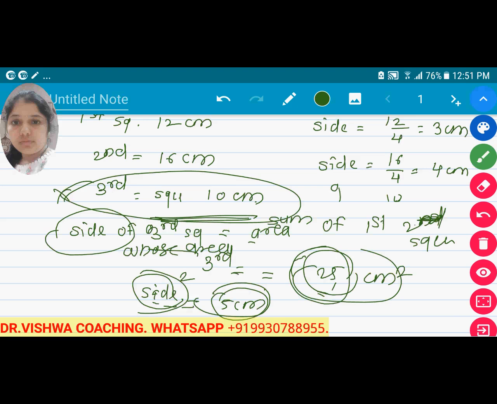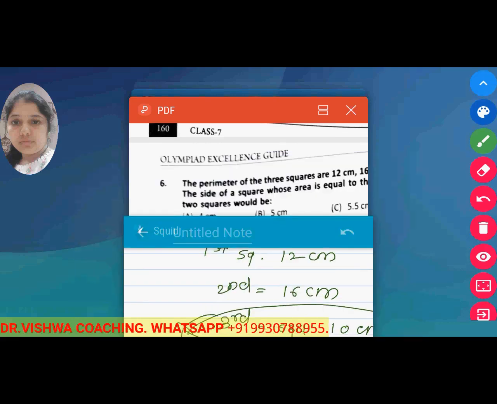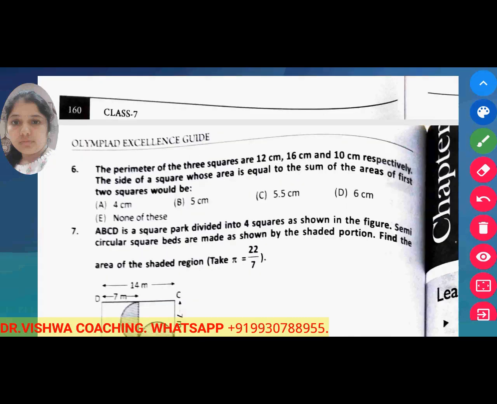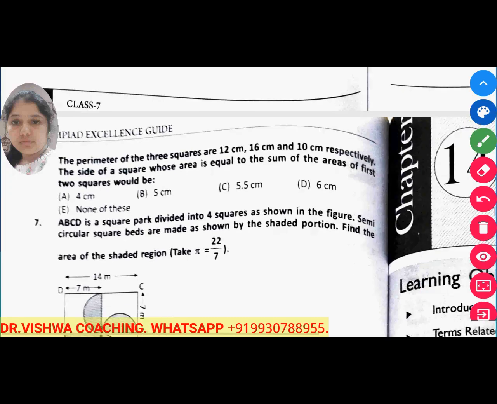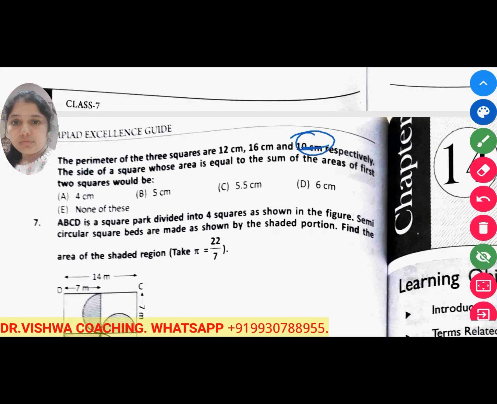This should be given there. Ideally the perimeters of two squares should be given, not the third one. This is wrong. So we know the perimeters of the first two squares. Now the third square's area is equal to the addition of the areas of the first two squares.